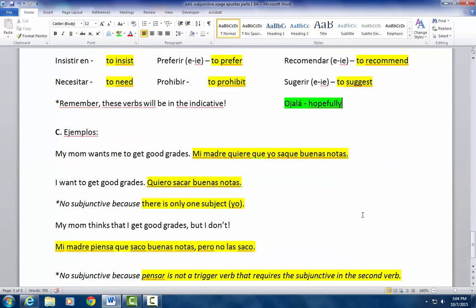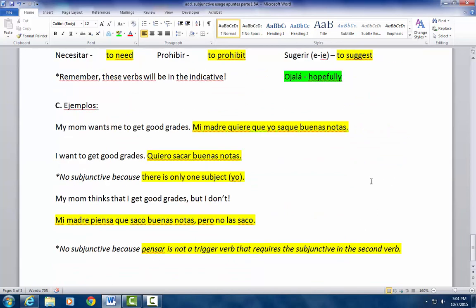So let's take a look at some examples. My mom wants me to get good grades. Mi madre quiere que yo saque buenas notas. This has our S1, V1, K, S2, V2. Mi madre, S1, subject 1.